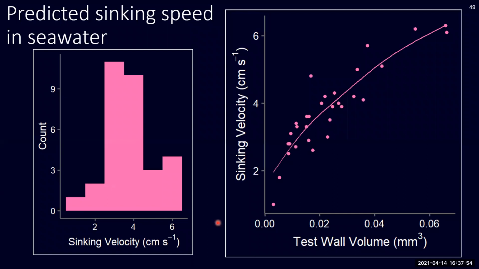And we can look and see here, this is the volume of the wall. So remember me saying that forams are hollow. When I'm looking at them, it's an empty shell. It's filled with seawater. So along here we have just the volume of the wall itself, and then we have the sinking velocity here. And you can see that there's a reasonably nice relationship between the two.